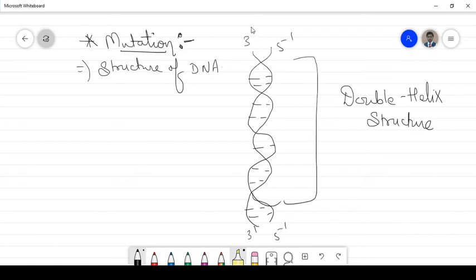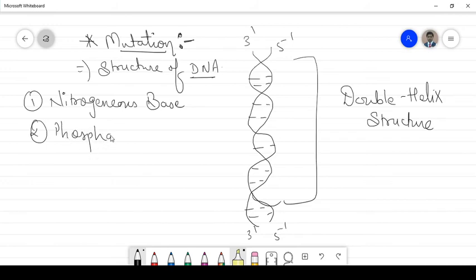Now, the structure of DNA has three things: the nitrogenous base, then the phosphate group, and then the third one, that is the nucleotide. Or we can say it has pentose sugar.